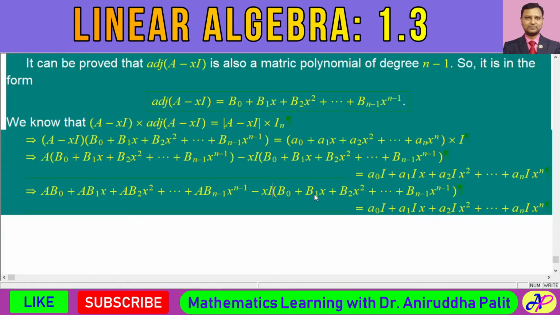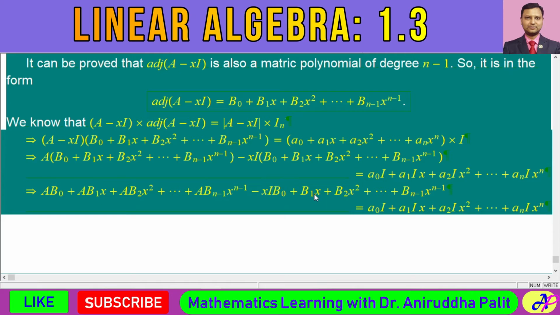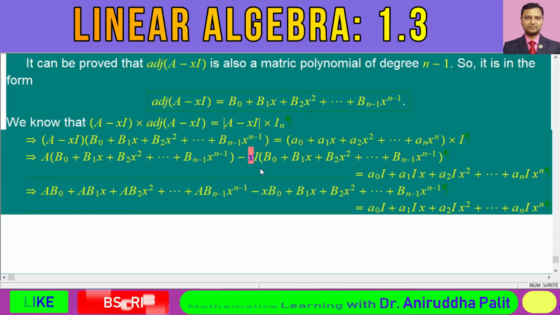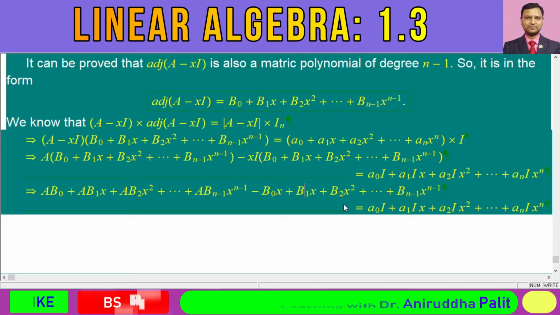Again, over here, this I is to be multiplied from left, but I into b0 is equal to b0. It doesn't matter whether we multiply from left or right by this I. Along with that, we have an x. So I is not a factor over here, but x is a factor, and x is a scalar quantity. So over here you can write b0 into x. Then with this negative sign, we have b1 into x square.